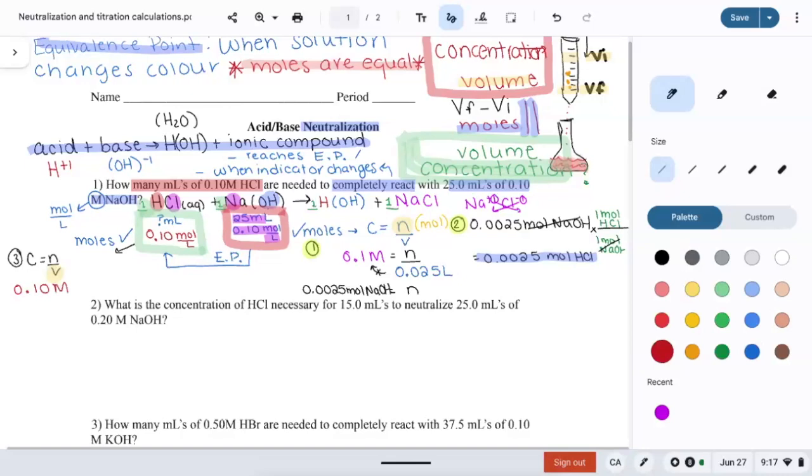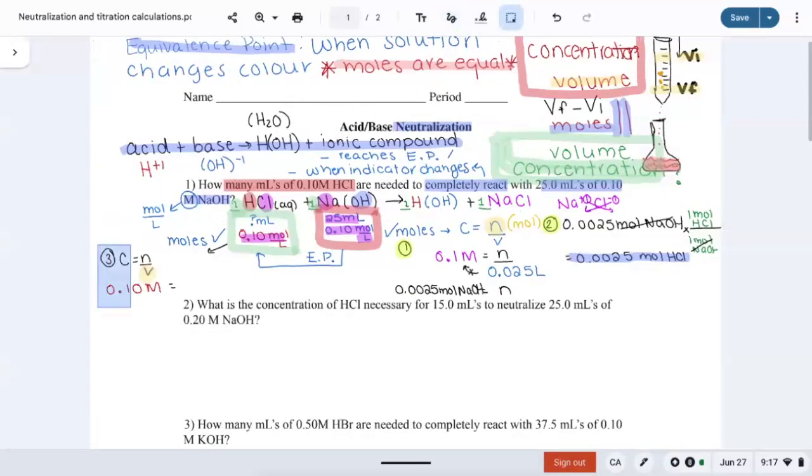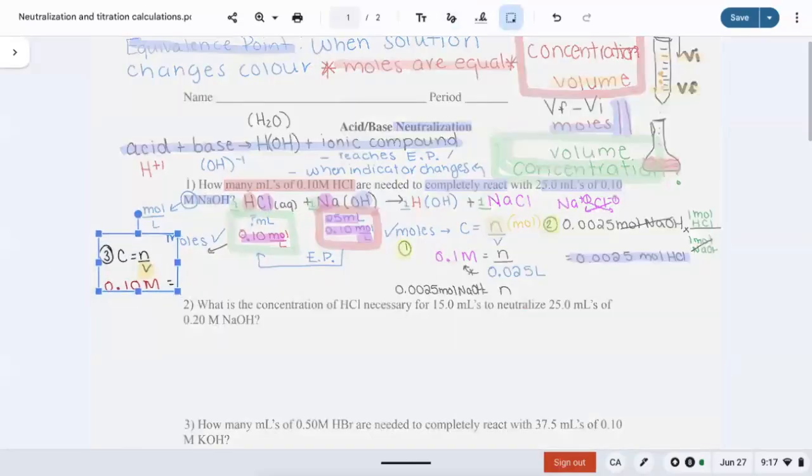So we were given a concentration, 0.1 moles per liter. And we know that N is 0.0025.